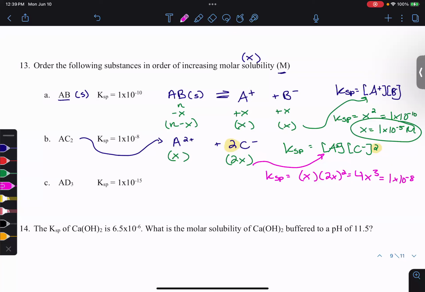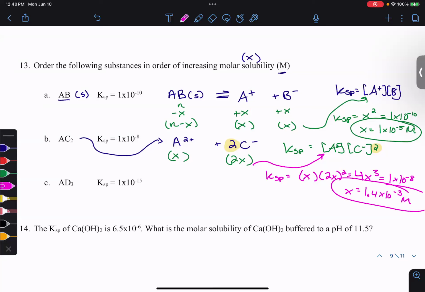And so if you solve for that, the molar solubility is 1e-8 divided by 4, to the 1/3. X is equal to 1.4 times 10 to the negative 3 molarity. So that one has a larger molar solubility, more of it dissolves.